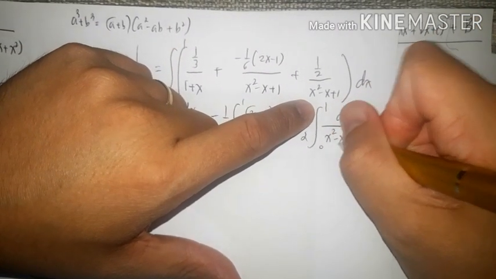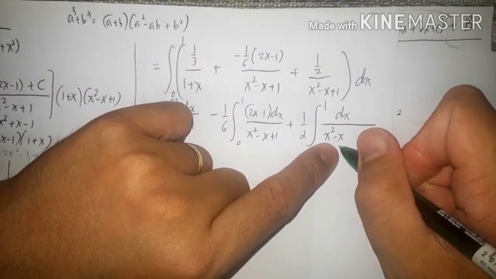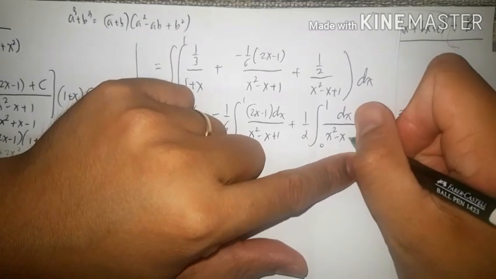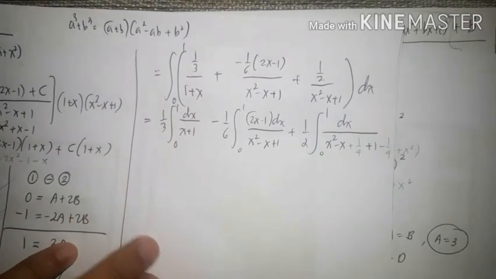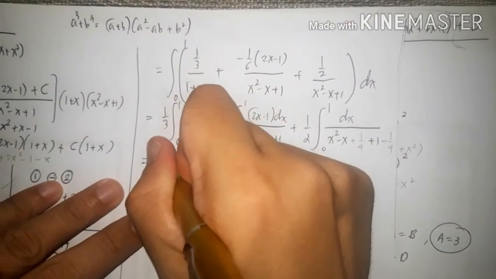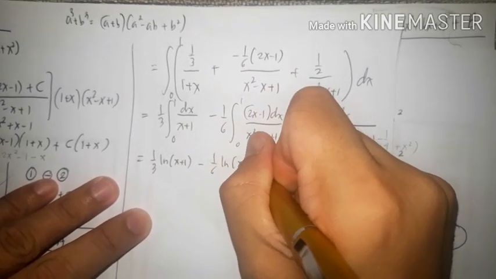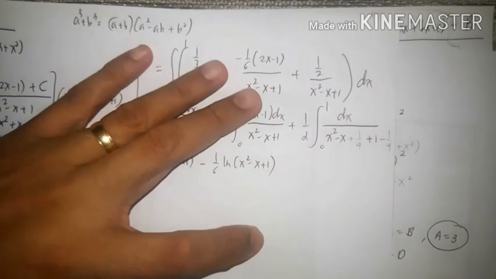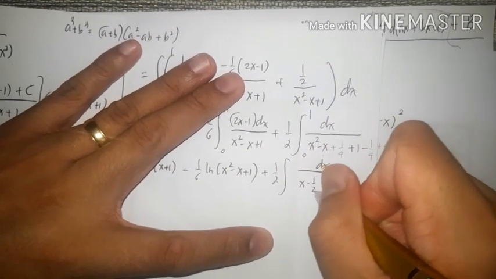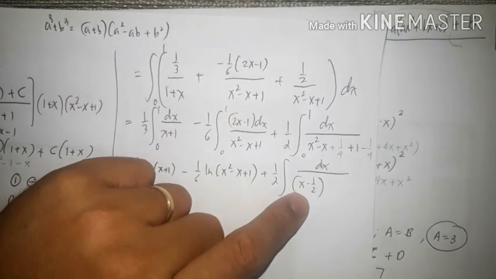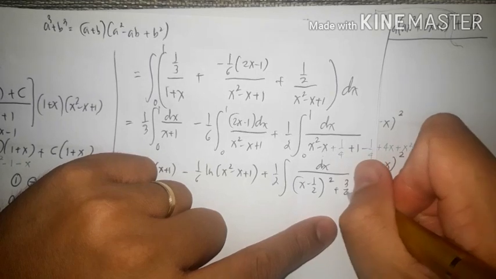This is x squared minus x plus 1. Dividing this by 2, that's 1/2 raised to the second power. So I need to add 1/4, then minus 1/4. So this now is 1/3 ln of x plus 1 minus 1 over 6 ln of x squared minus x plus 1 plus 1/2 integral of dx over (x minus 1/2) raised to the second power plus 3/4.